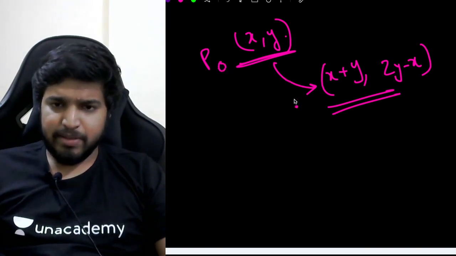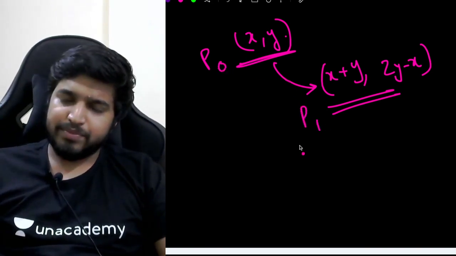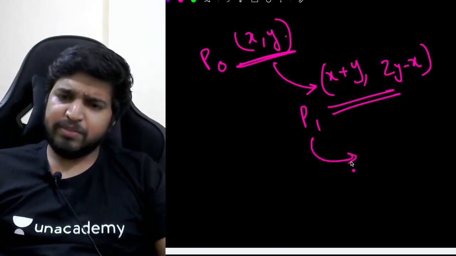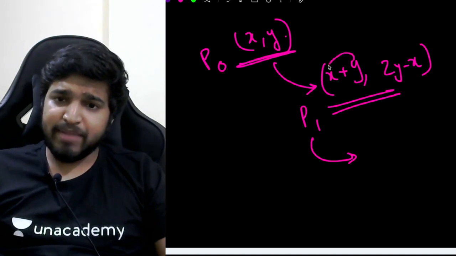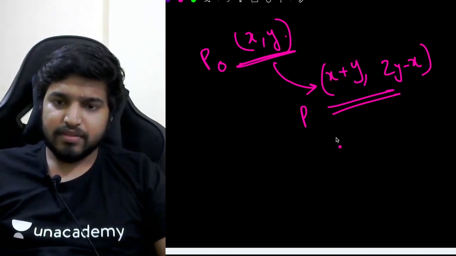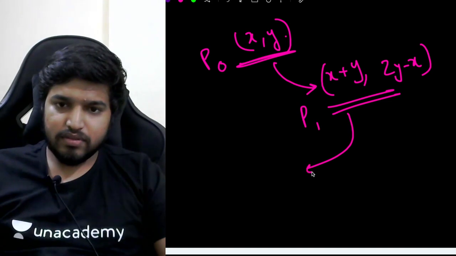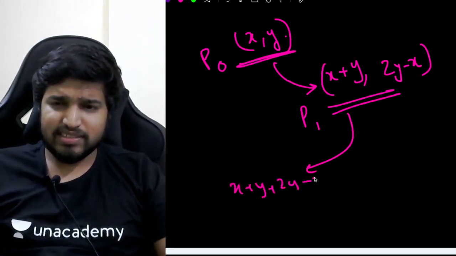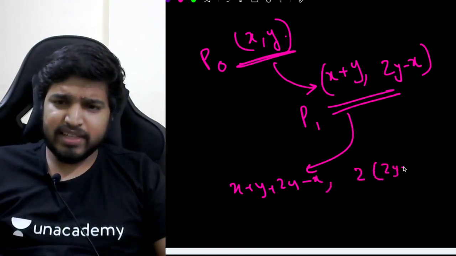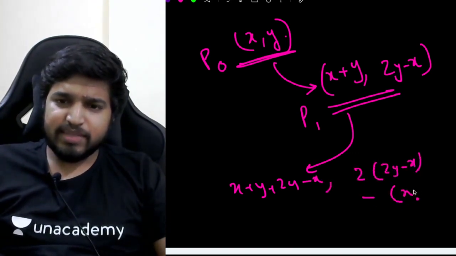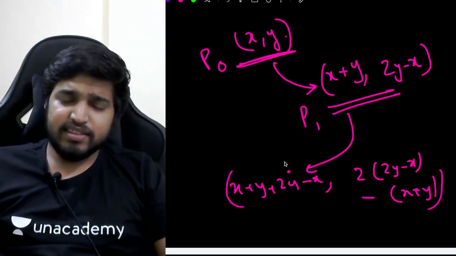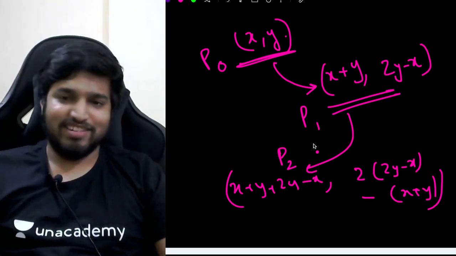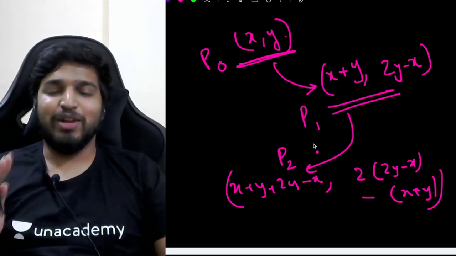This is P0. After one transformation, it becomes P1. Right? This is just an example. After one more transformation, applying the same transformation here, that is x plus y plus 2y minus x, comma 2 into 2y minus x minus x plus y. Assume that this is the second transformation. Why are we doing all this, you might ask? This is just to show you what a 2D matrix is.